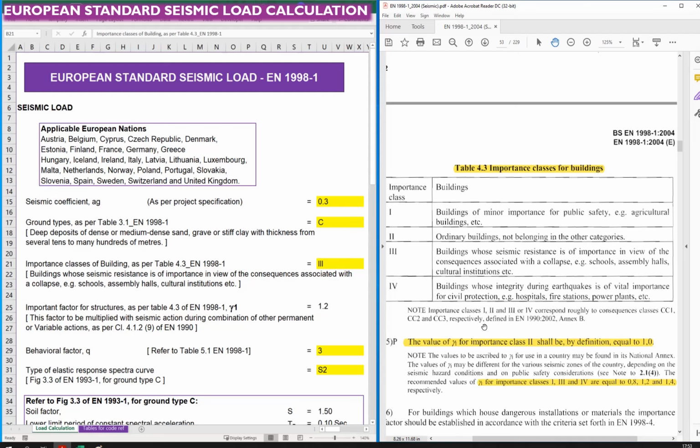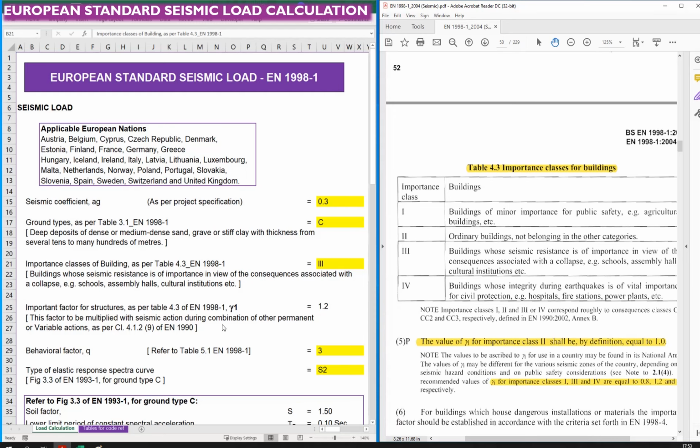If it is considered, how much percentage and what is the load factor. So for that we need to understand the importance class of the building.